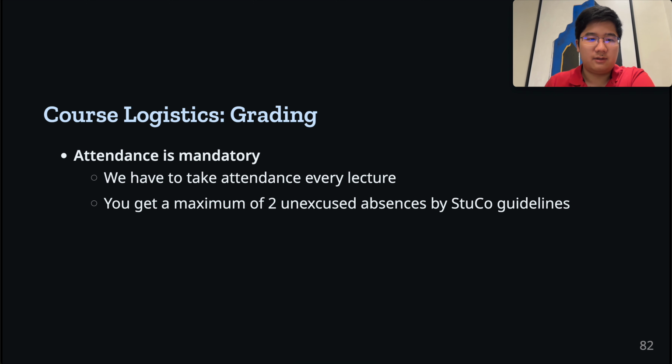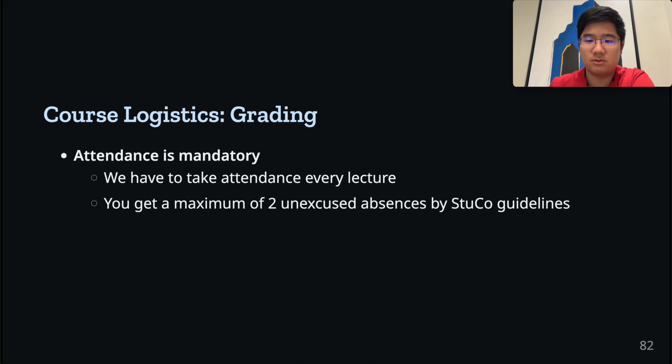Here is the fun stuff. You get a maximum of 2 unexcused absences by the StuCo guidelines. If you read this carefully, it means as soon as you get the 3rd unexcused absence, you fail. There's no ifs, ands, or buts. You will fail if you get 3 unexcused absences. And this is not a Rust StuCo policy.